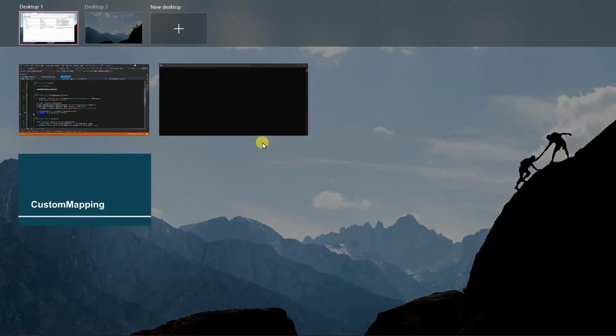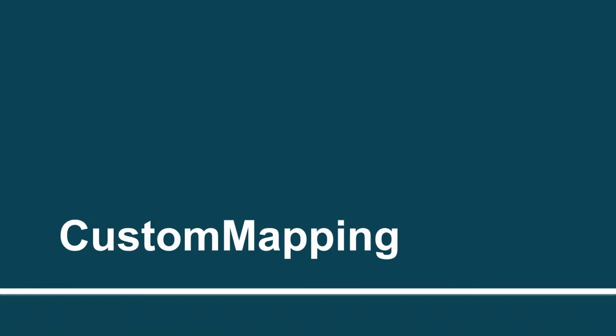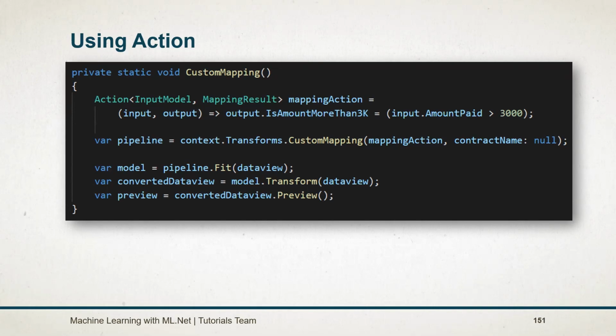Well, let's see what we have learned in this session. Using the custom mapping, we can use C# logic to generate the value for the column. In the first example, we created an action and passed it. The action will get the input model as well as the mapping result model. Columns defined in the mapping result will automatically map into the data view.